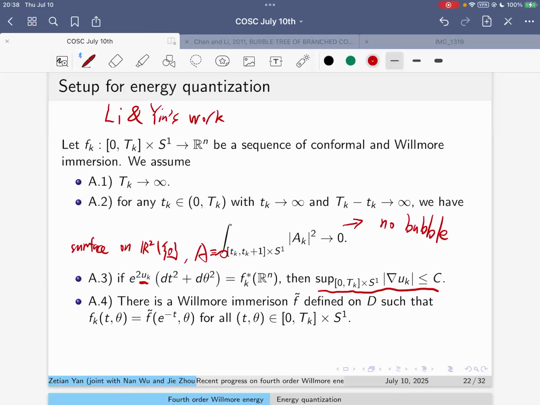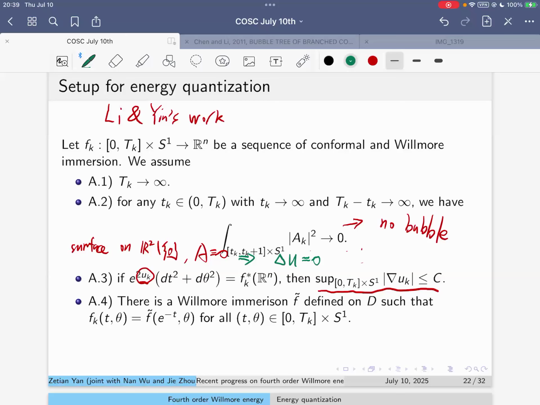However, because in dimension 2, we do not have the Liouville theorem, right now we cannot claim that the conformal factor is constant or a function of t, because let me write down here. Because the flatness can only say that the conformal factor is a harmonic function in this punctured space.